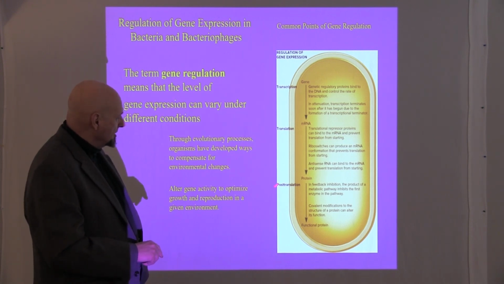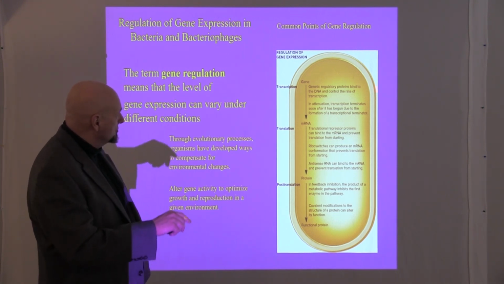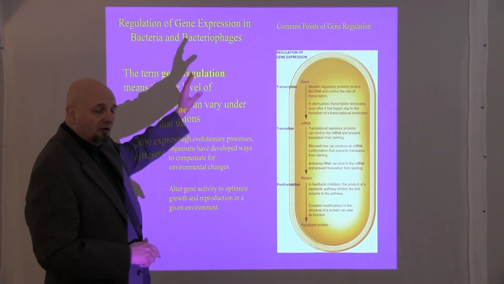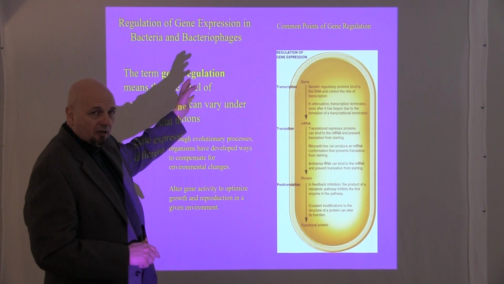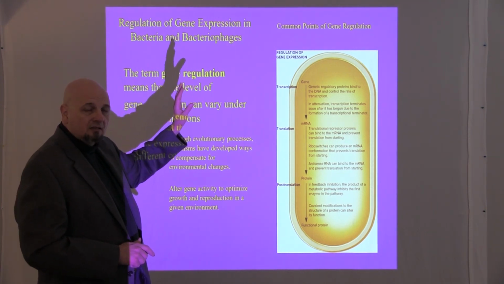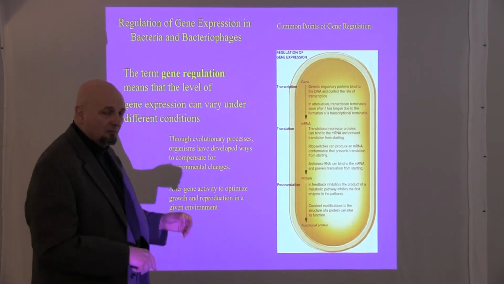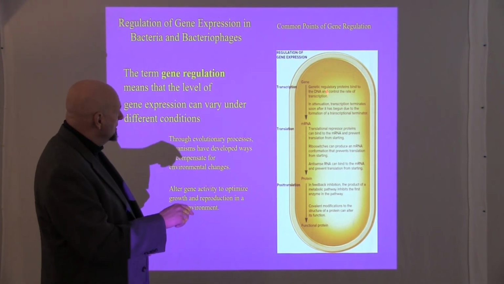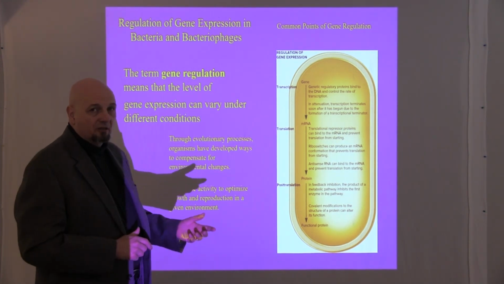And then there's some post-translational stuff. This actually shows a combination of all the things that come into play, not only for bacteria and prokaryotes, but also when we start looking at eukaryotes. There are some common trends in regulation. Initially here is where we're going to be focused, in the bacteria.